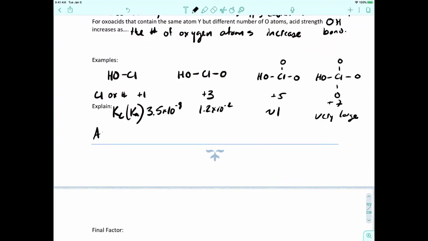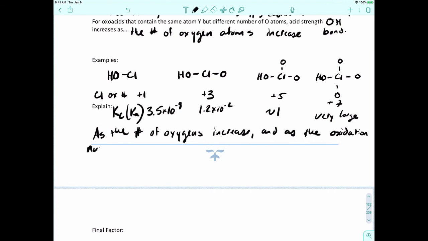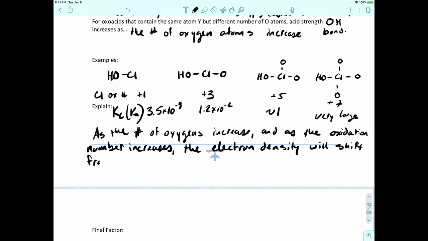So as the number of oxygens increase, and as the oxidation number increases, the electron density will shift from the Cl to the oxygens.